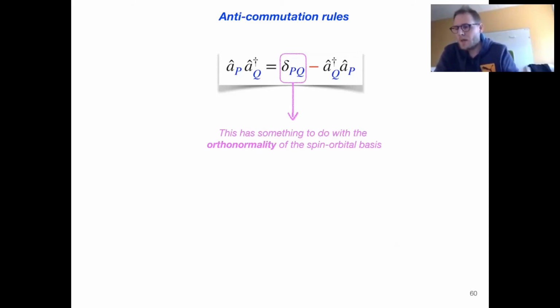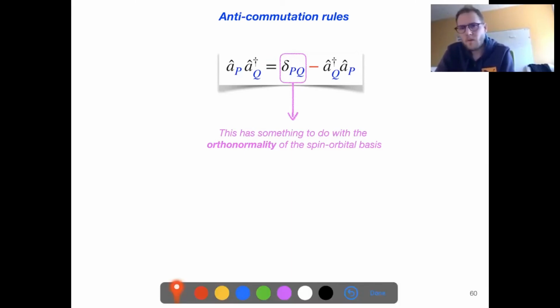This delta PQ is actually connected to that. It was not very clear from the beginning, but it is very important to keep in mind that these rules of second quantization will only work if I'm working in a basis of spin orbitals that is orthonormal.